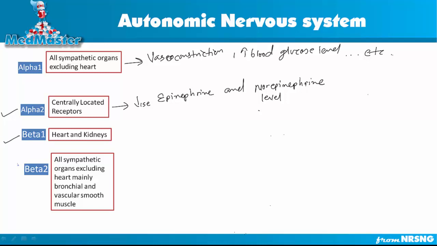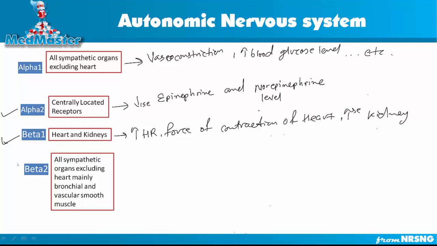Now beta 1, they're present in the heart and kidney. So when you give a medication that's going to bind to beta 1, what is it going to work on? The heart and kidney. So it's going to increase the heart rate, the force of contraction of the heart, and increase kidney blood flow.